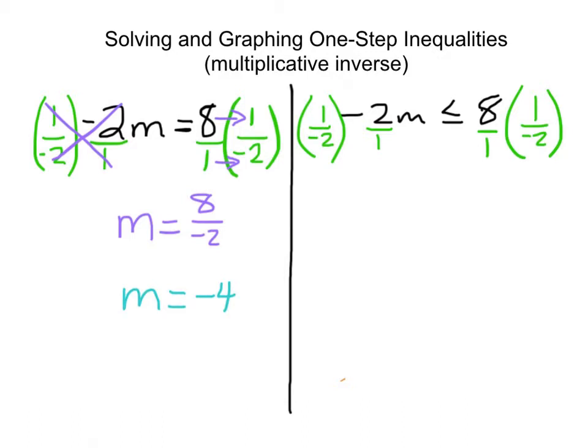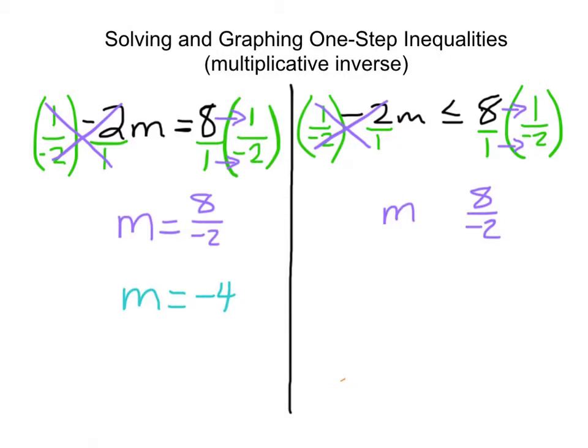When I multiply, just like in the previous problem, on the left-hand side, these values will equal 1, which is written as just m. On the right-hand side, I'm going to have 8 over -2, just like in the equation. But here's where things start to change.